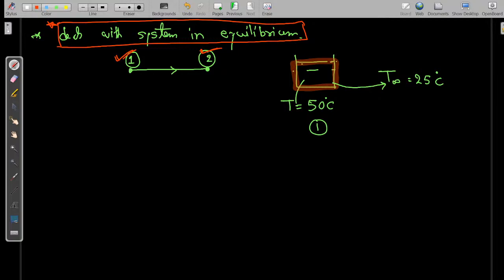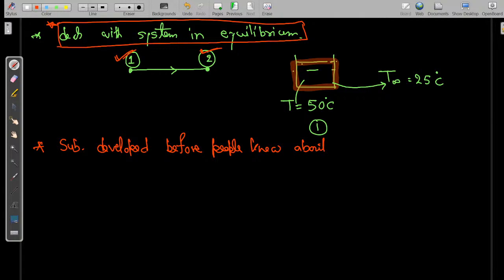What I said, I will repeat: the subject developed before people knew about atoms and molecules.